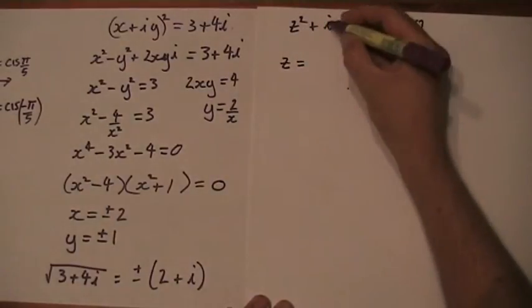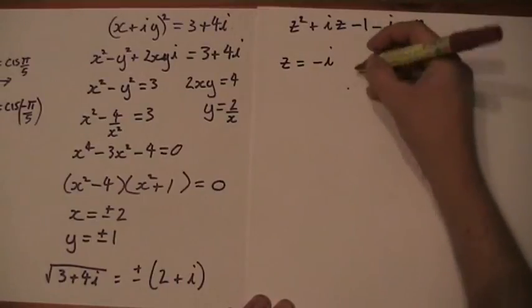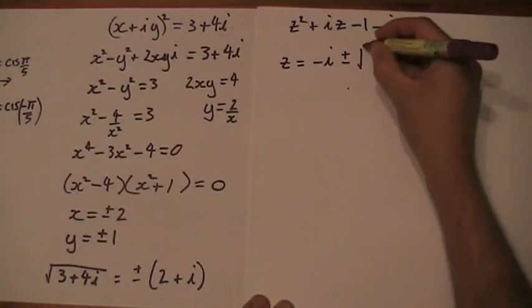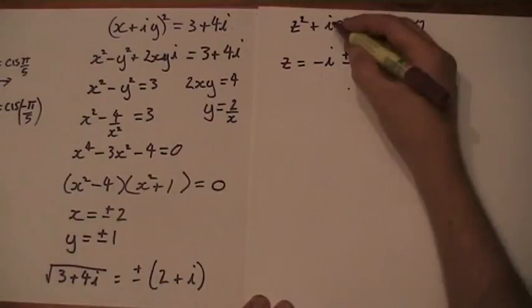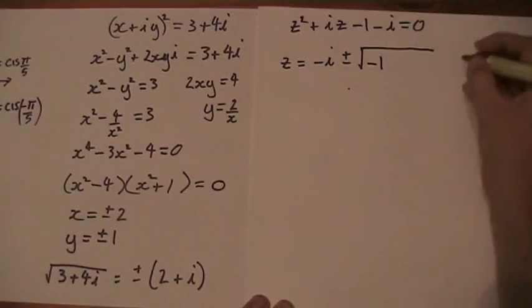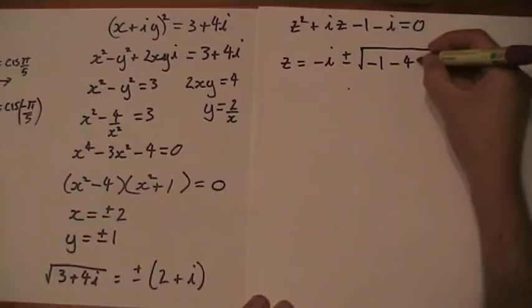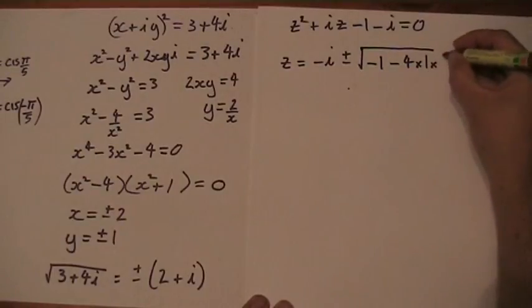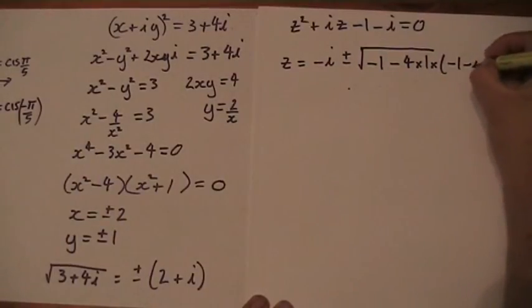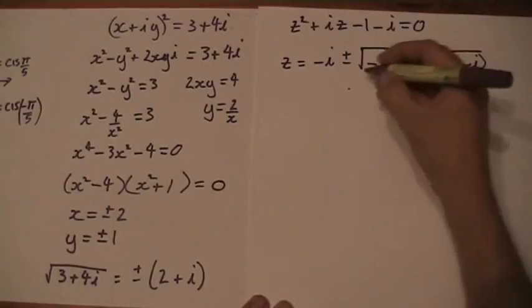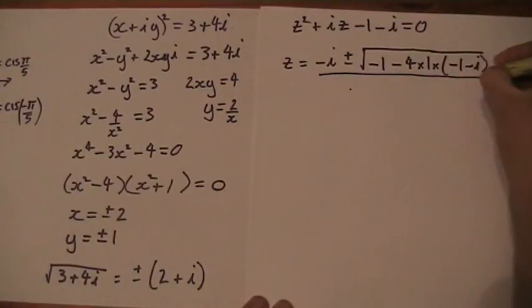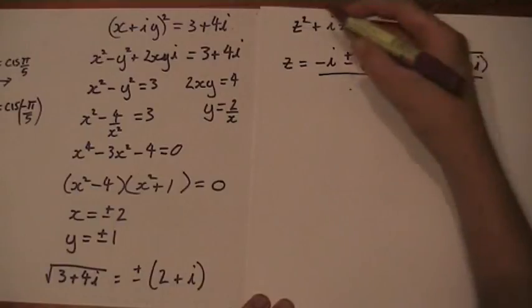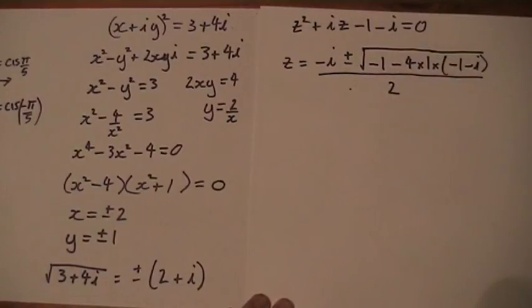So z is equal to -b, in this case -i, plus or minus the square root of b². If I square i I get i², which is -1, minus 4 times a, which is 1, times c. c is -1 - i. All over 2a, and 2 times a is 2.